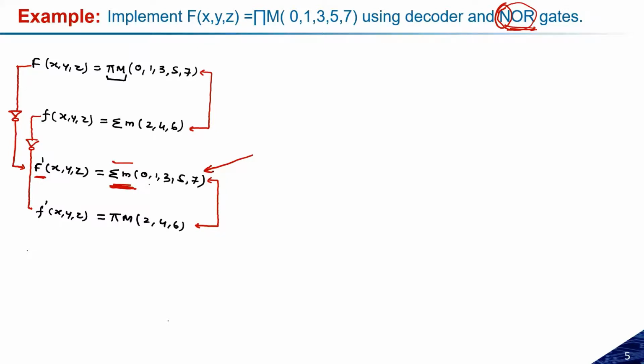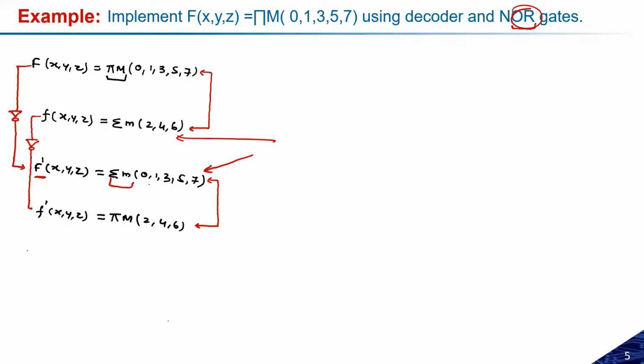This equation is valid. All these are fine, all these are possible. But if I use an OR gate, then this function is sufficient. If I consider the NOR gate, I need to check the complement of it, so I need to check the complementary nature function.